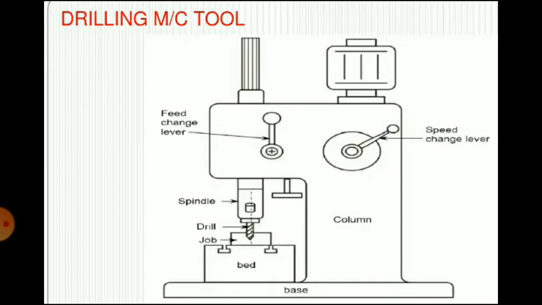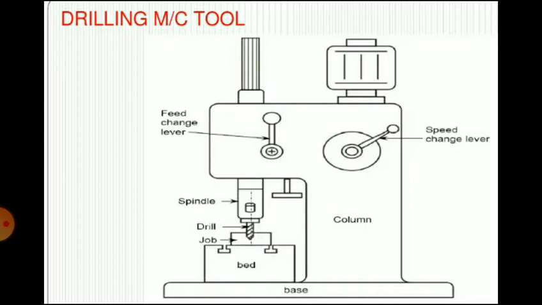By using that lever, you can move the spindle along with the drill in a downward direction. At the bottom, there is a base. On the base, there is a bed or work table onto which the work can be fixed. The hole is produced by axially feeding the rotating drill into the workpiece.